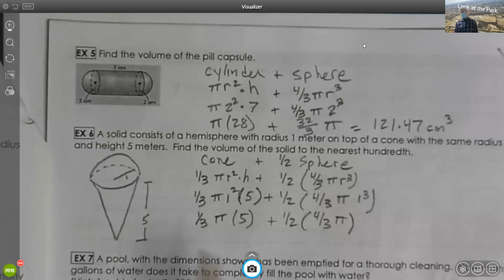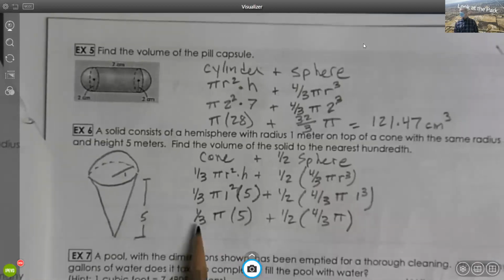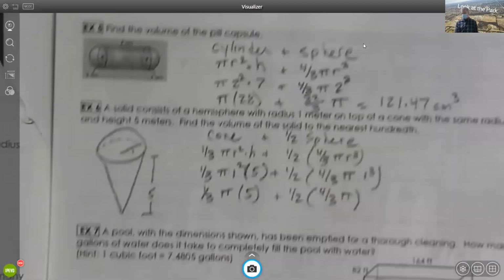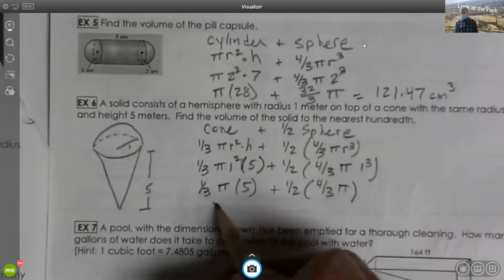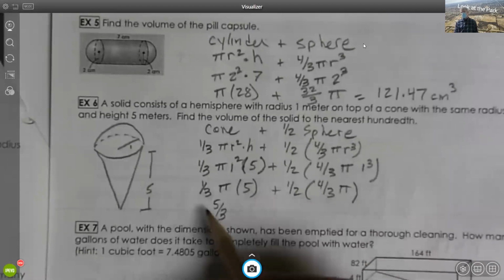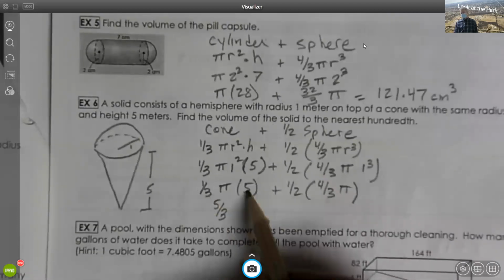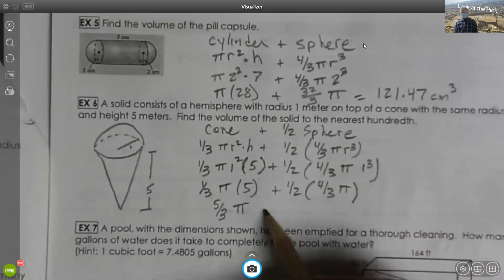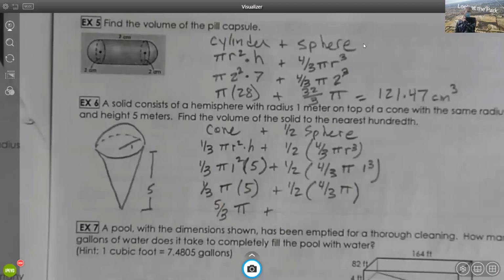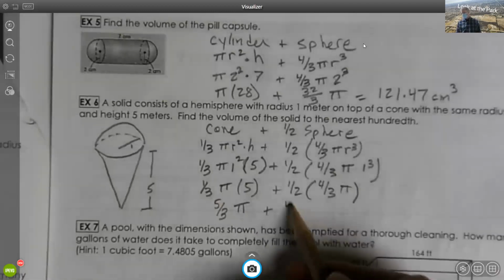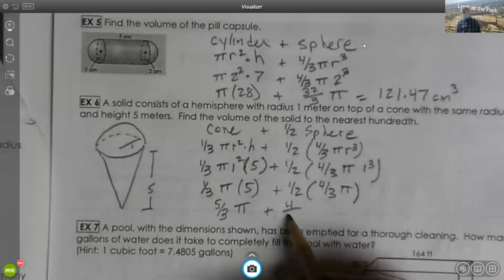Now we can take 1/3. It doesn't go in there evenly, but we can at least write it out as 5/3, because 1/3 times 5 is 5 divided by 3 pi. In this case, when you have a fraction timesing a fraction, you multiply the tops together, so we get 4. You multiply the bottoms together, and we get 6.